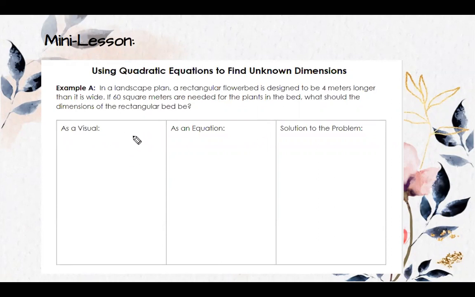So you make 3 little columns: visual, equation, solution. Visual means you're going to draw a picture. Equation means you're going to write an equation. Since we're studying area, the equation is going to be set up as an area problem. And then you're going to find the solution.